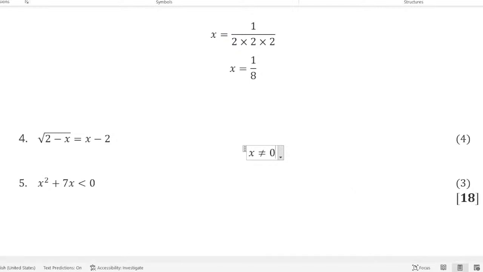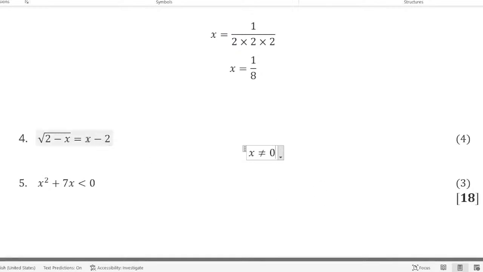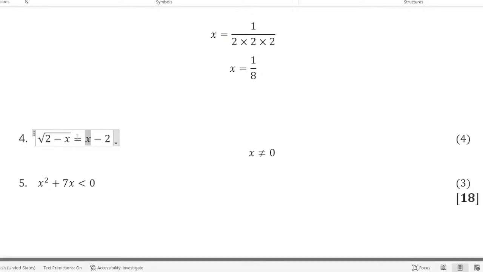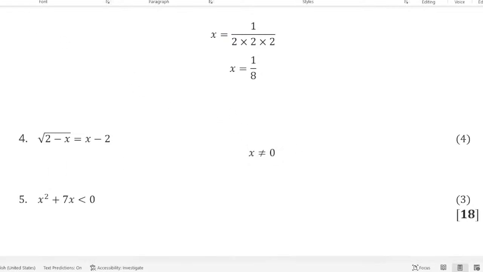Why? Because if x is equal to 0, the answer will be negative 2. Anything under the square root cannot be a negative number. So that's why we have the restriction that x should not be 0. This is just a restriction. You don't need to write it. I'm just teaching you.